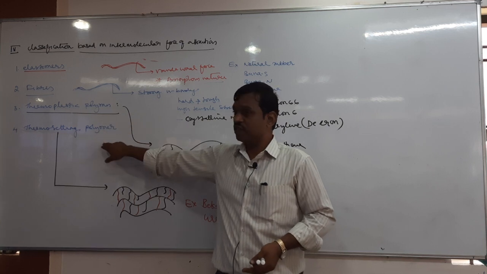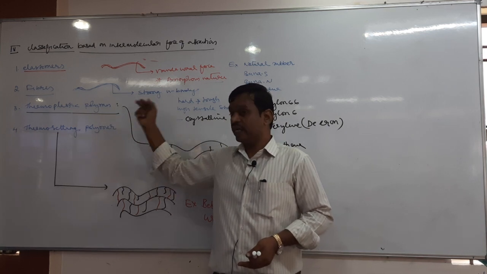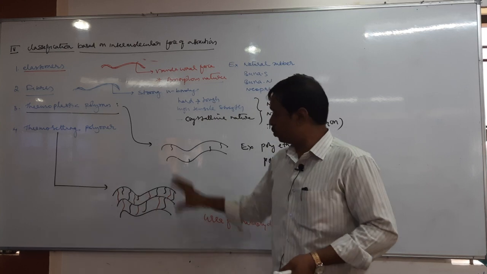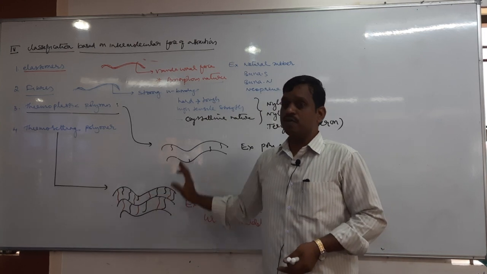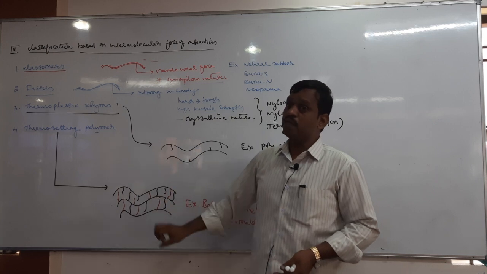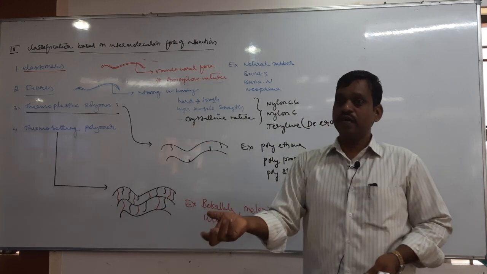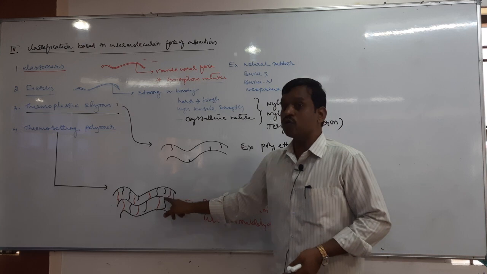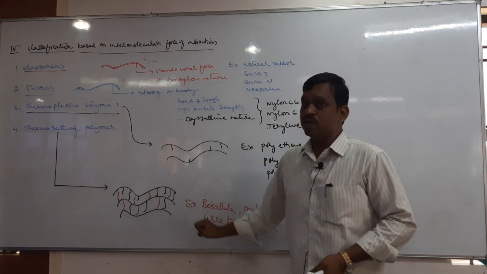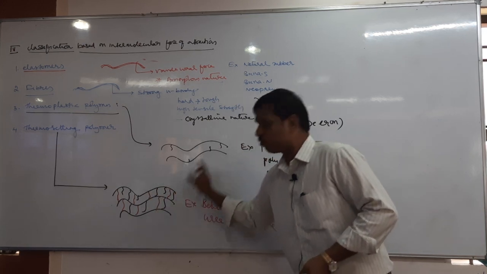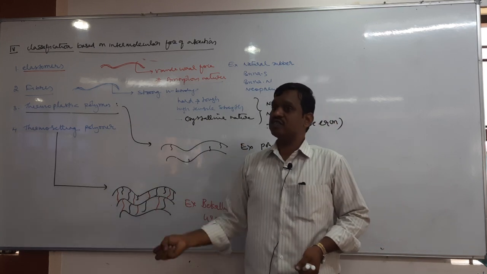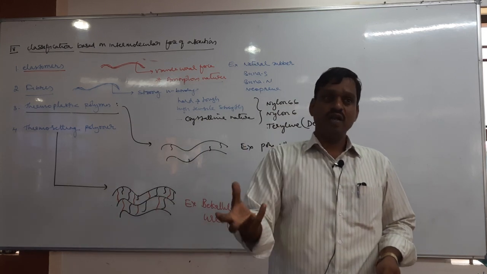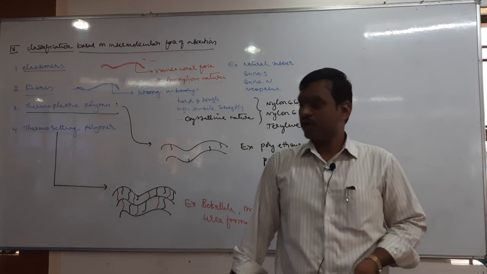In the case of thermosetting polymers, it is quite the opposite. These polymers are usually highly branched or cross-linked, and they become hard on heating due to formation of extensive cross linkages. When heated, many more cross linkages form, so they become infusible, hard and harder.